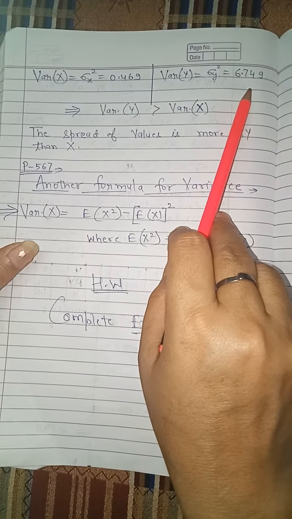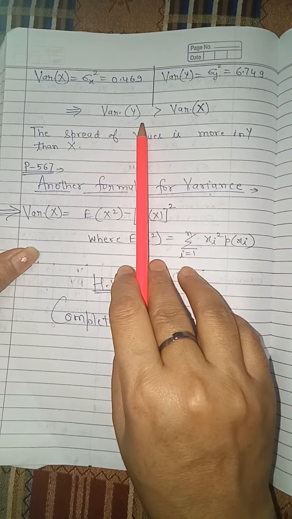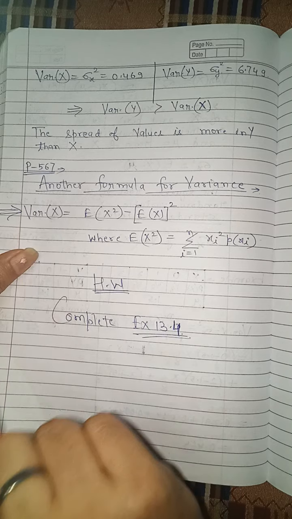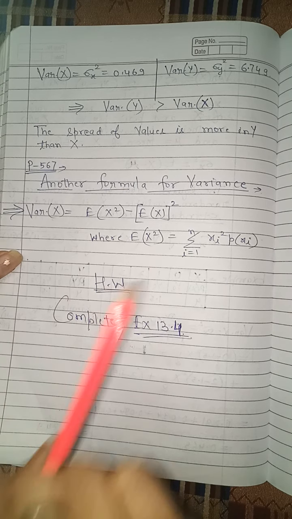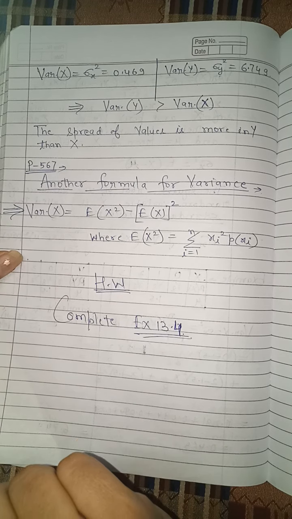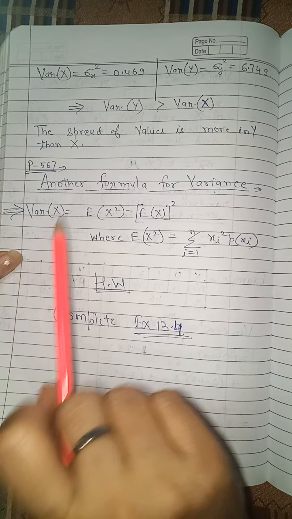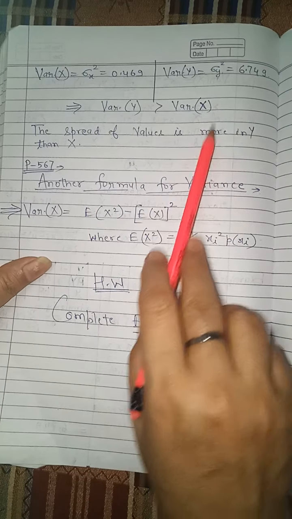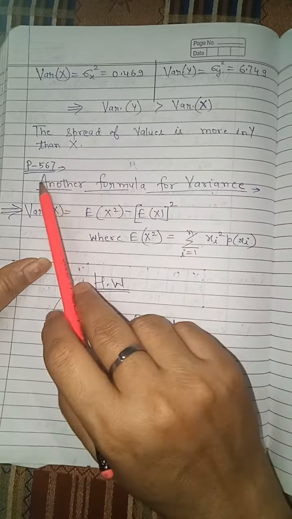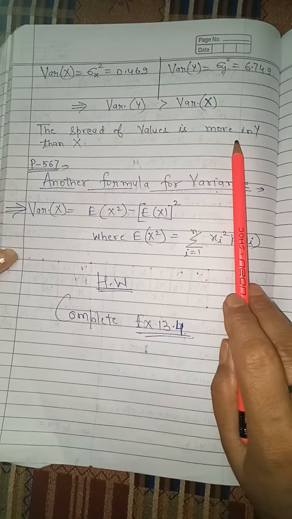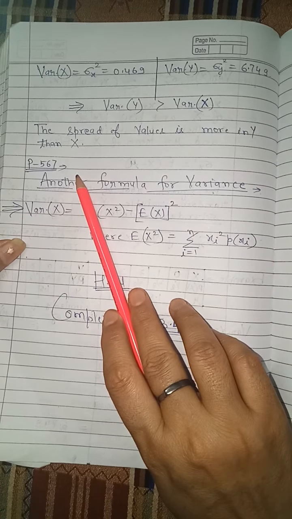This is 6.749. So the variance of y is greater than the variance of x. So according to the mean, you cannot say that this table is less variable or more variable, because the mean was the same. But the variance of y is greater than the variance of x. So the spread of y is more than that of x.